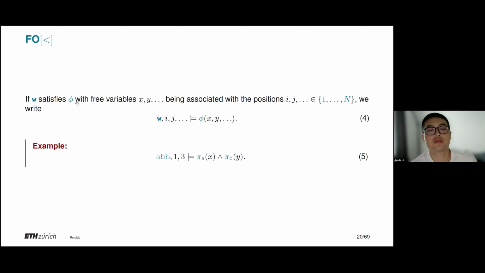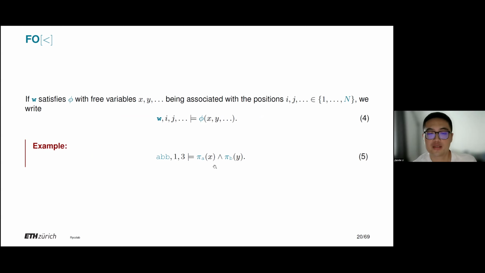If this formula phi has variables x, y, z, etc., and if w satisfies phi with the variables being associated with the positions i, j, etc., we write w, i, j models phi(x, y). For example, ABB, 1, 3 models the formula pi a of x and pi b of y.